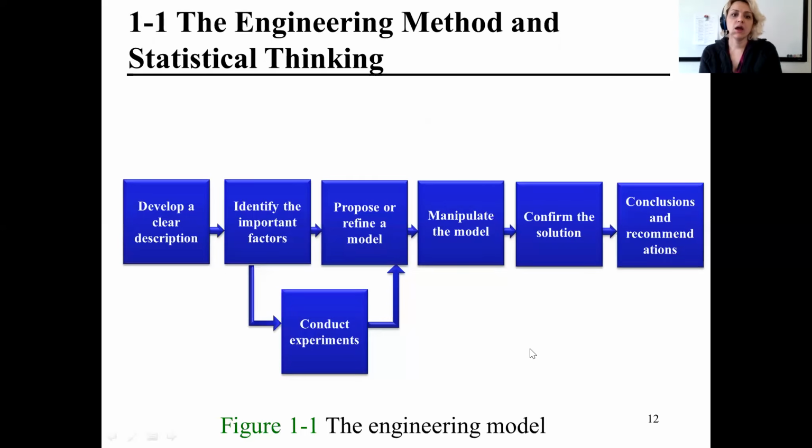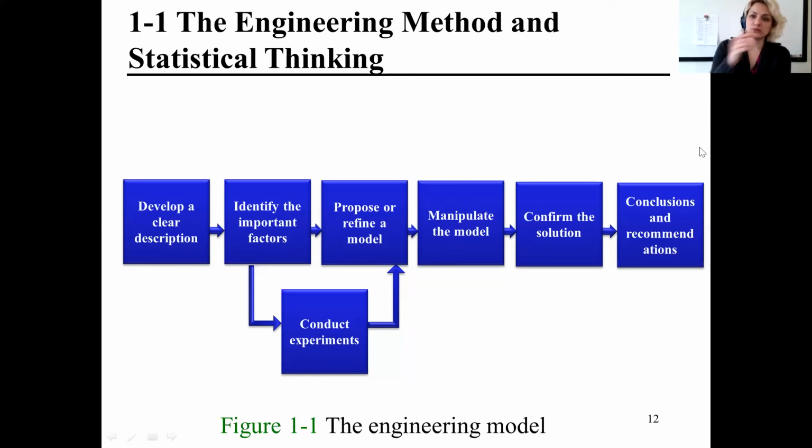Look at here, this is the typical engineering model. We develop a clear description, identify the important factors, propose or refine a model, and for defining a model we can conduct experiments to get data. We want to manipulate the model, confirm the solution, and give conclusions and recommendations.